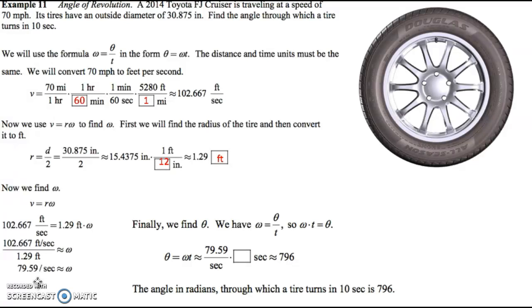Now, that is per second. We particularly have 10 seconds we're interested in. So we need to multiply this radian by 10 so that we get 796 radians in 10 seconds.